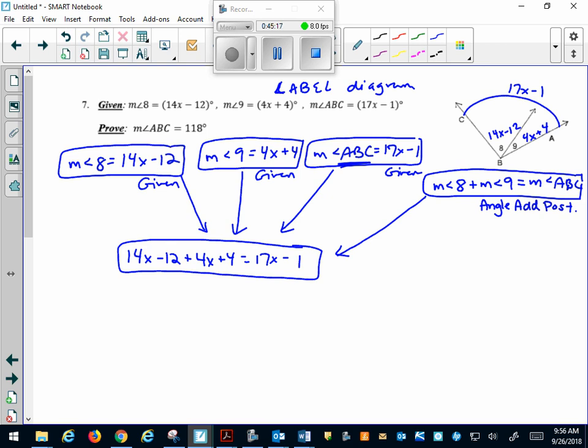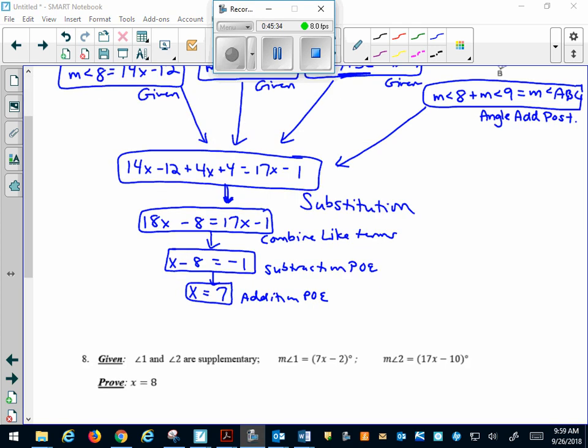What's the reason for that equation at this point in the proof? Good, substitution. Okay, I'm going to let you finish that.